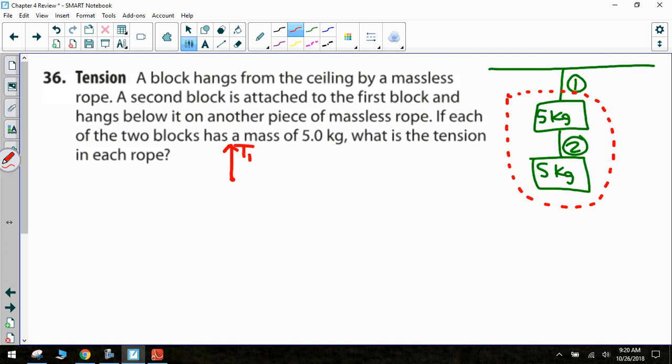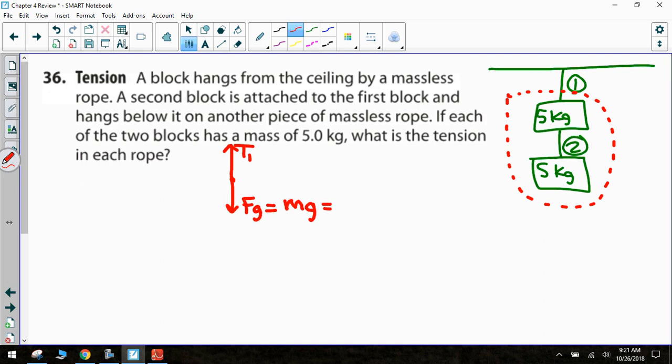So I'm going to call this one T1 because it's the tension in the first rope. Y'all with me? Okay. Now, what field force is acting on the system? Gravity. So gravity goes this way. And this is Fg, which is equal to what? mg.